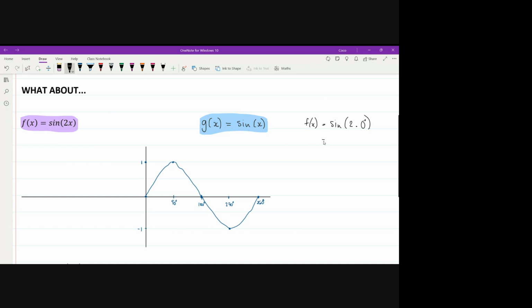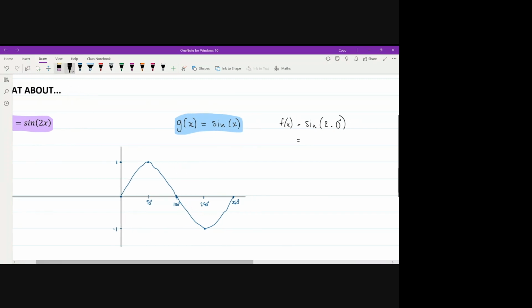So I want you guys to put in your calculator, sine of 2 times 0. And obviously, I think the answer is still going to give us 0. But let me know, what does it give us? Sine of 2 times 0? Do we still get 0?